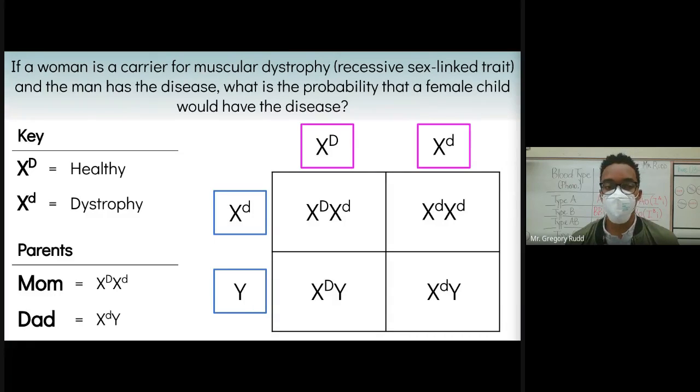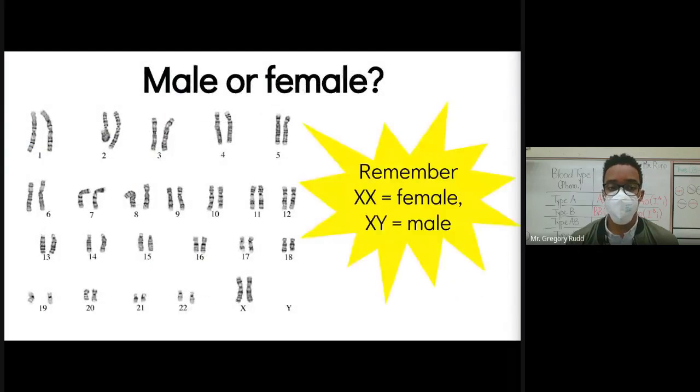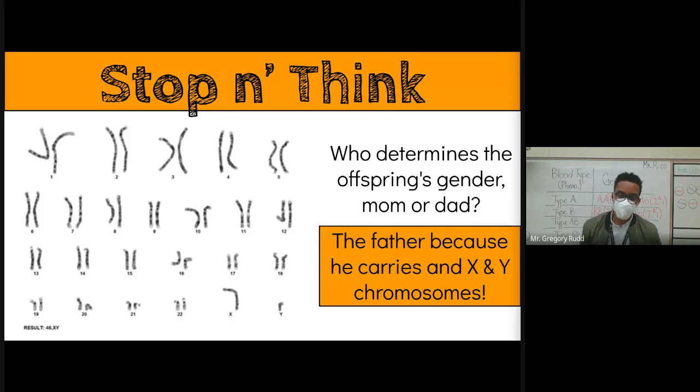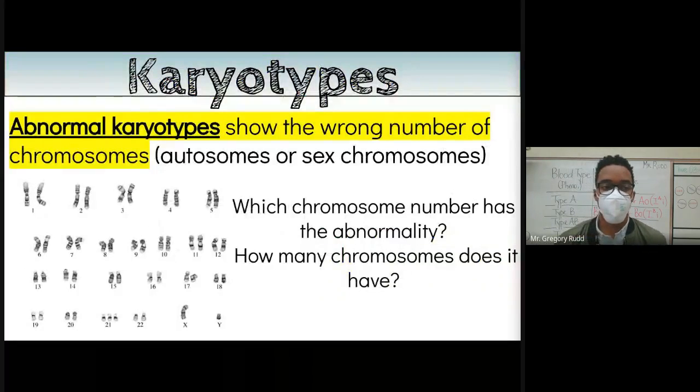Every single sperm has a slightly unique composition of genes and chromosomes. One sperm might have a Y chromosome and the other one might have an X chromosome. It's a random process. But fathers are ultimately going to be the deciding parent in terms of the sex of the child. Good, Ashley, and good job.